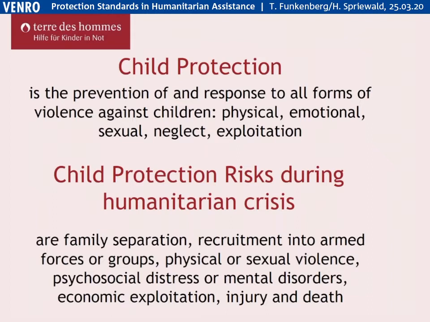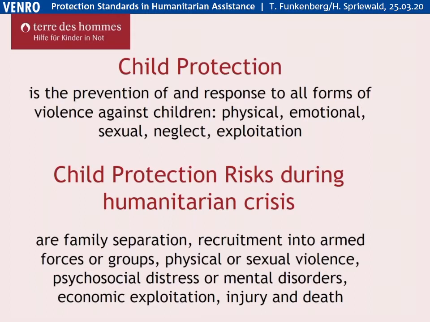This is the prevention and the response to all forms of violence against children. And we talk of physical violence, emotional violence, sexual violence, neglect and exploitation. Our emphasis should always be on the prevention of any form of violence. But in case of an incident of violence, of course, we should respond quickly and appropriately.